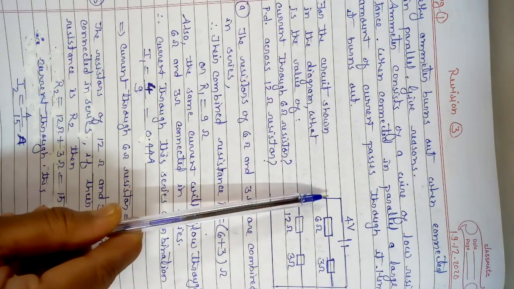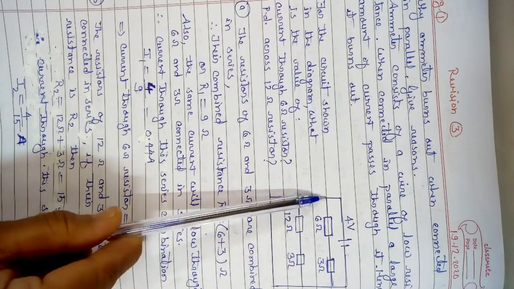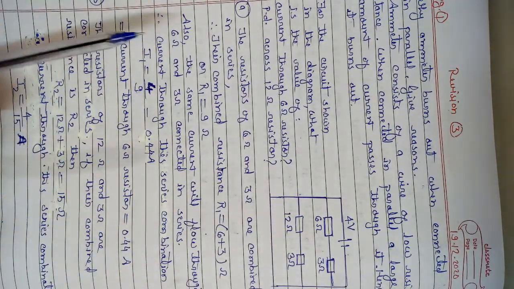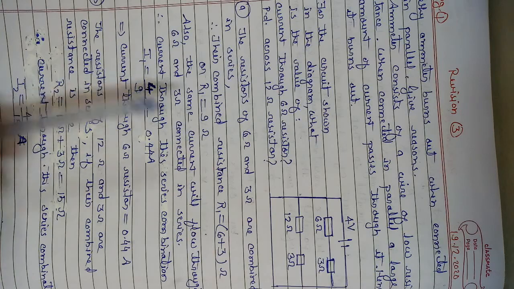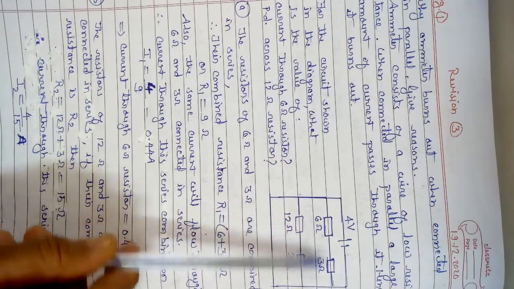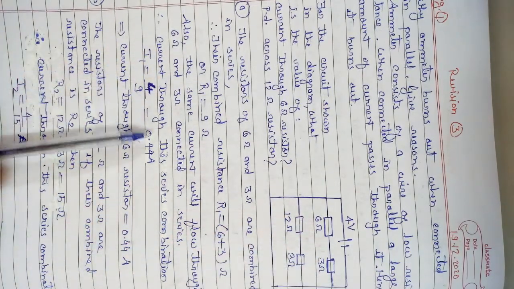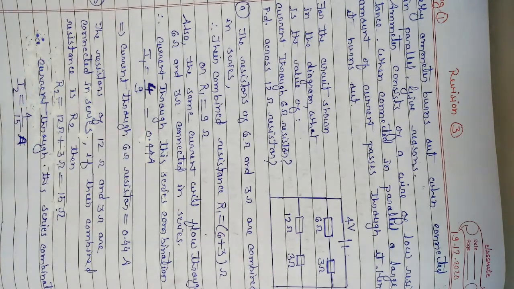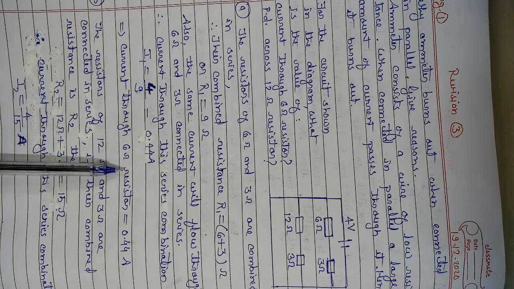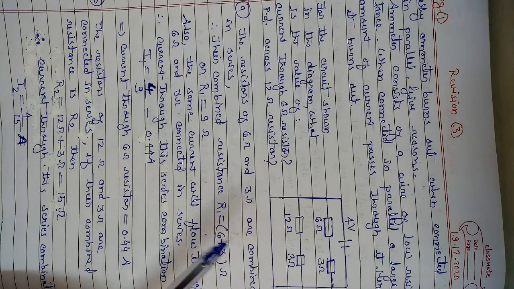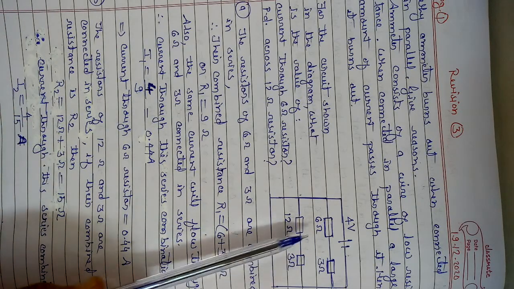So a potential difference of 4 volts will be here and here also. So it gives us the value of I1, which is flowing through these two resistors of 6 ohm and 9 ohm, as 0.44 ampere. Therefore, the current through 6 ohm resistor will also be 0.44 ampere.